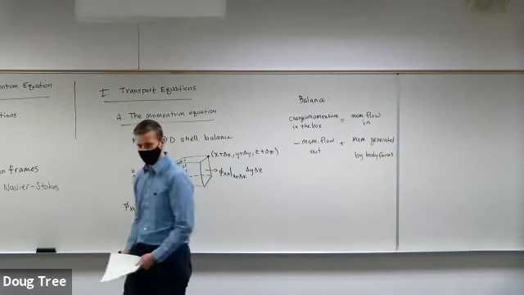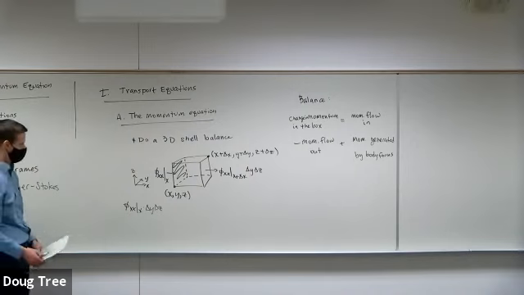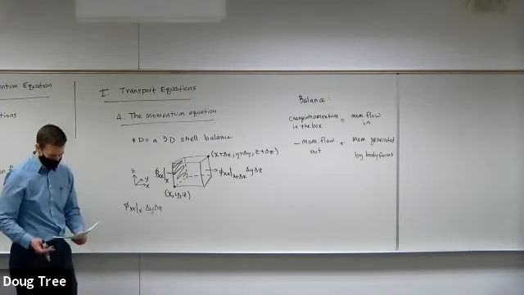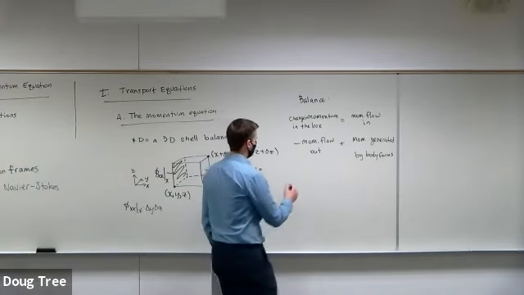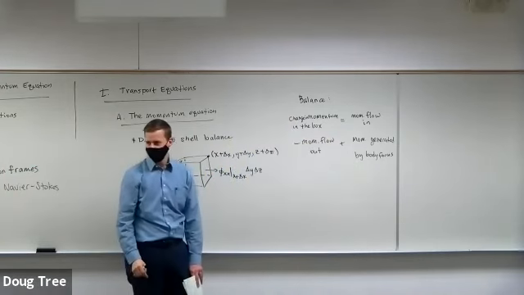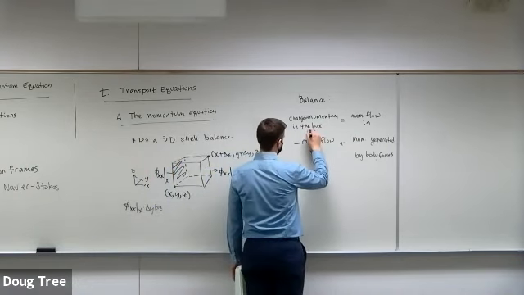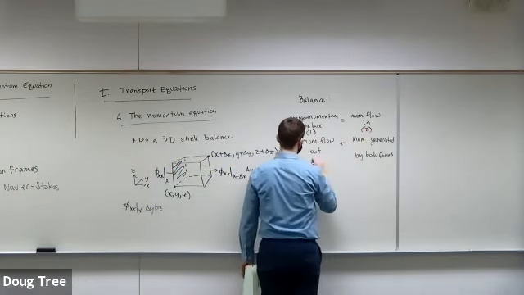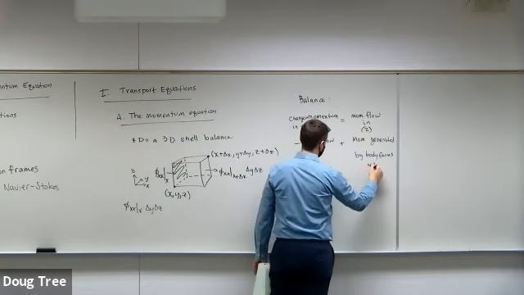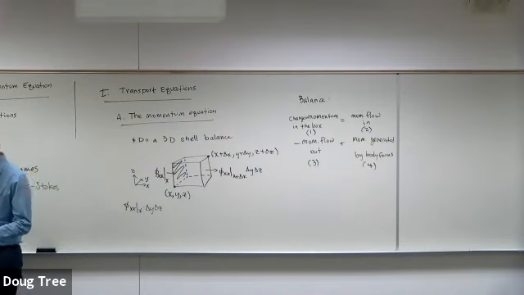If I have a gravitational force that's pulling everywhere, that's generating momentum in that volume all the time. It's causing acceleration to happen. So to do this balance I need to find expressions for each of these four terms, so I'll label them 1, 2, 3, 4. And then we can write down those terms.